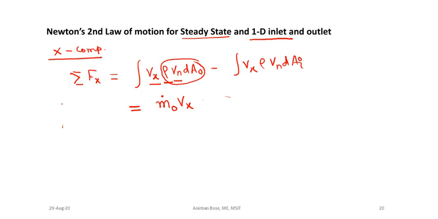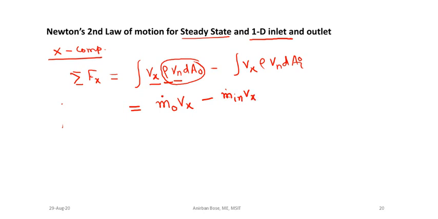Okay, minus here it is basically m dot in into Vx.